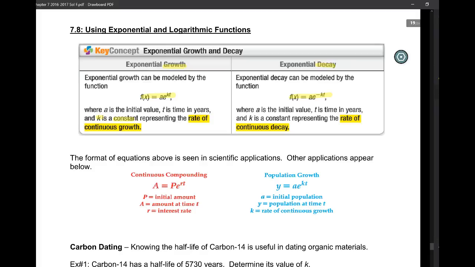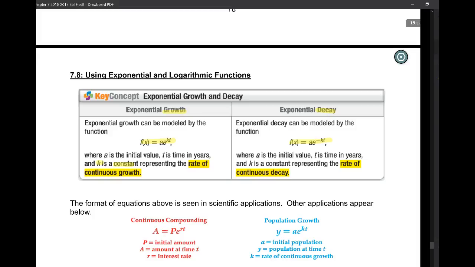Let's say, just kind of on the side here, what happens when we have 2 to the negative x? Can you think of another way? How could we rewrite that? 1 over 2 to the x. So what happens when I start plugging in values for x? So let's say x is 1.